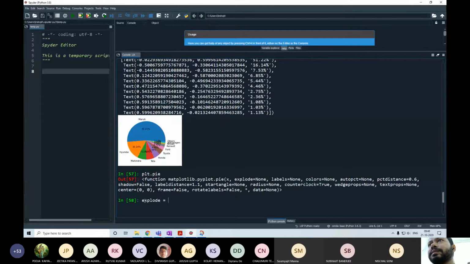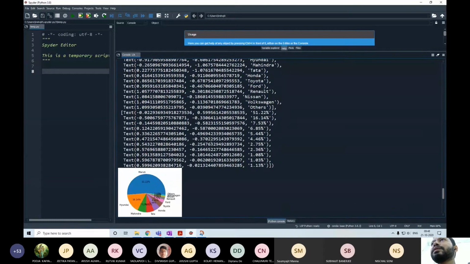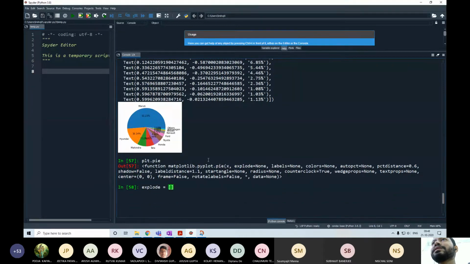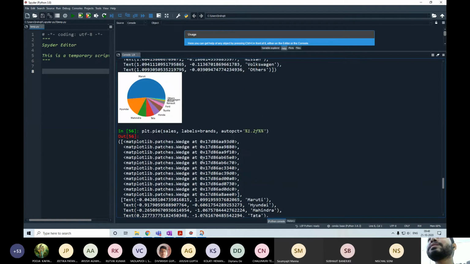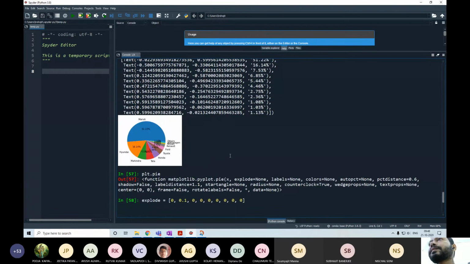Suppose I want to slice out the second one, the Hyundai one. I think I have to give the amount by which I want to slice out. So 0, 0, 0, 0, 0, 0. How many zeros should I give? There have to be a total of 11 categories, right? 1, 2, 3, 4, 5, 6, 7, 8, 9. Okay, 2 more zeros.